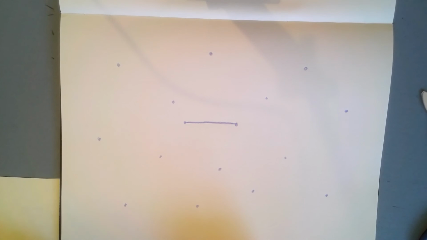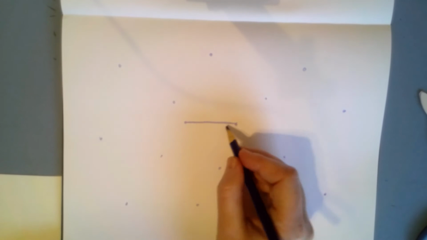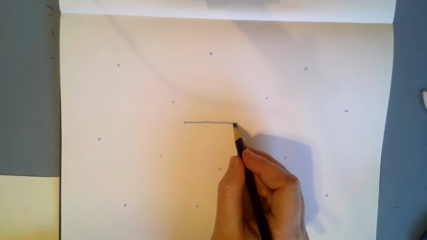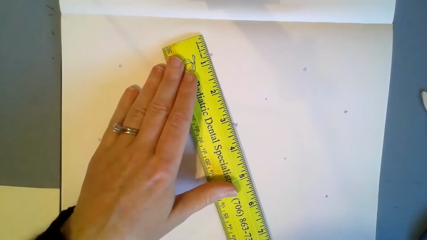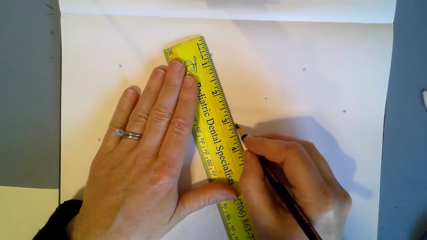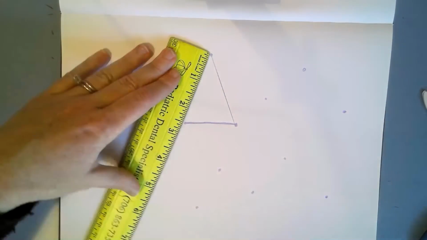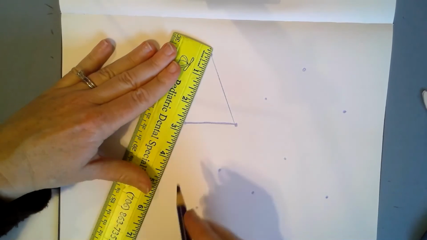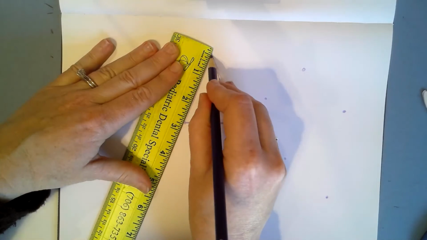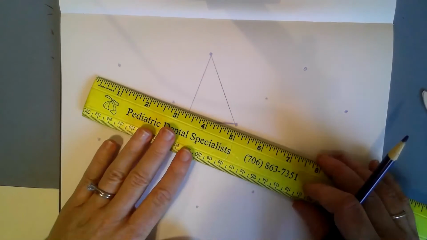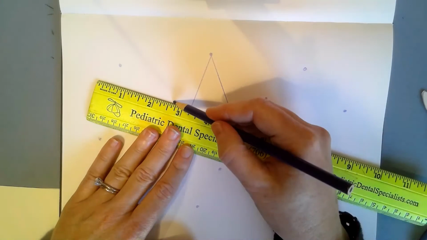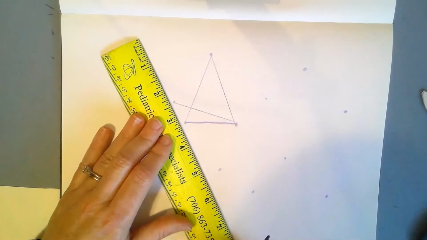Okay? Using these two, we already have one side of our triangle right here in this ray. So I want you to get out a ruler and use it to trace between these two center points to create triangles. And I want you to use each and every one.